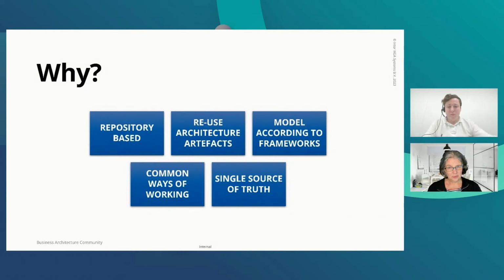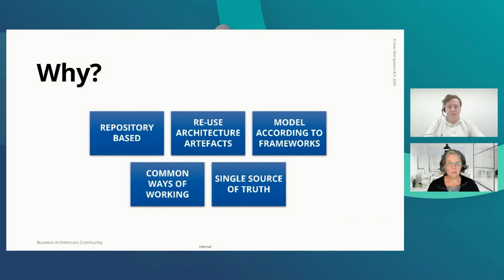We had no repository to turn to. The only repository that we had at that point in time was our architecture SharePoint, but with very mixed parts of documents. So we wanted to go repository-based, having everything stored in a repository so we are able to reuse our architecture artifacts. We also had a meta model which was not standardized.